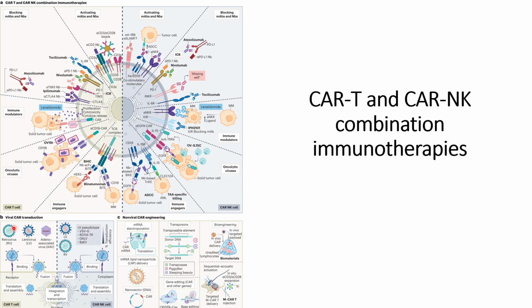The other kind of CAR construct that is used is viral CAR transduction. In this case, the CAR has been transduced using adeno-associated virus, thereby leading to the expression of the gene of interest inside the virus.